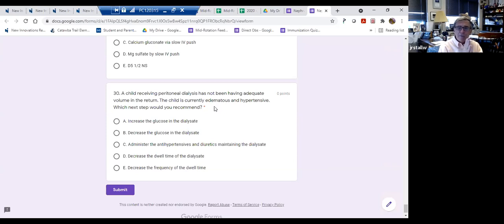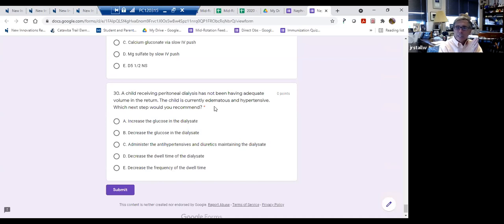But you need to have a clear answer about what I would do if a kid was on dialysis and I'm not getting my volume return. If I'm not getting my volume return that I should, that means the volume is still in.